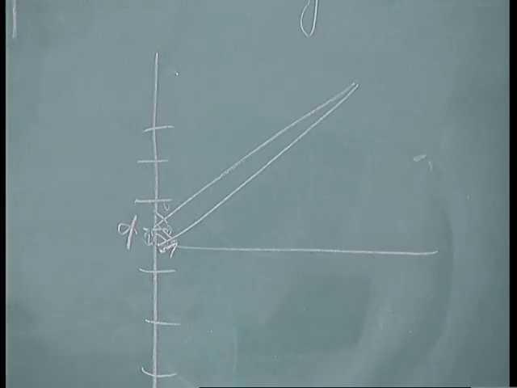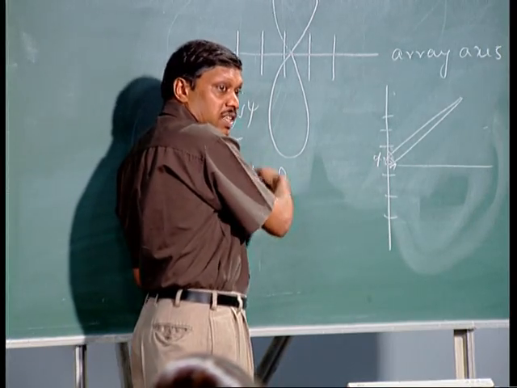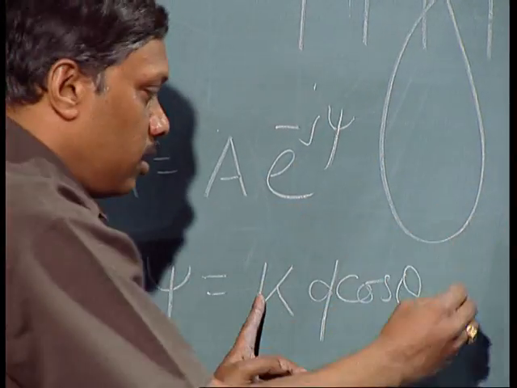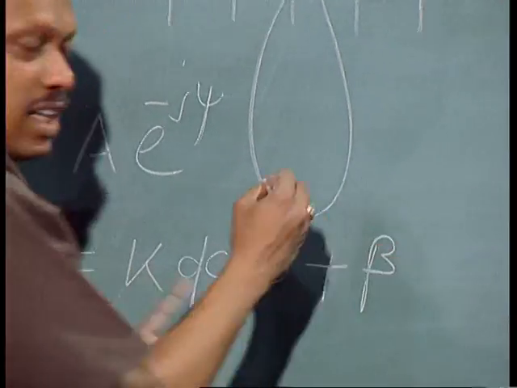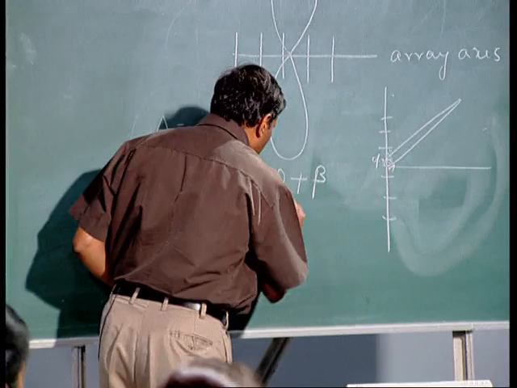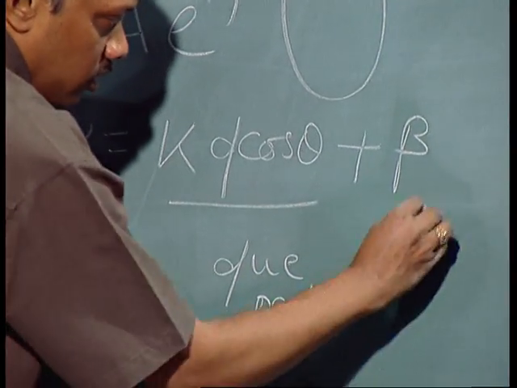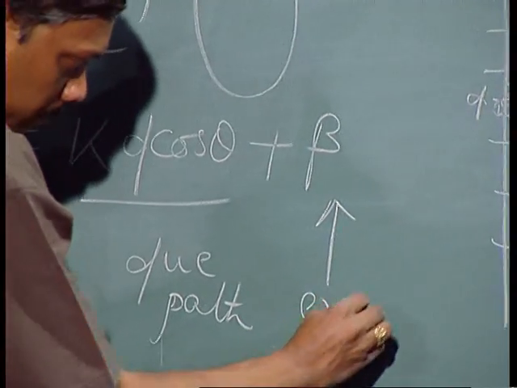That d cos theta is the path difference, and multiplying it with k, 2 pi by lambda, gives the phase. This phase is due to the path. Then you have an additional phase which is the excitation phase. You have two phases now: one is due to the path, another is due to the excitation.